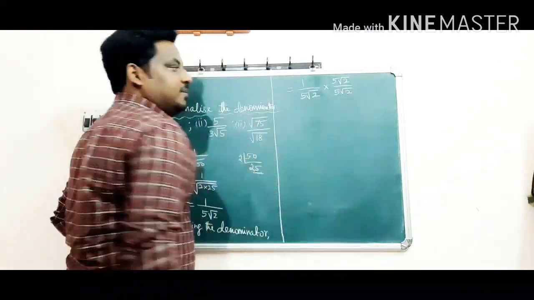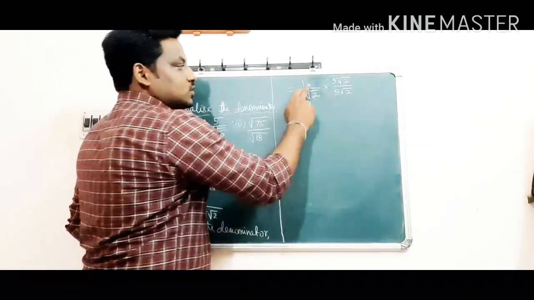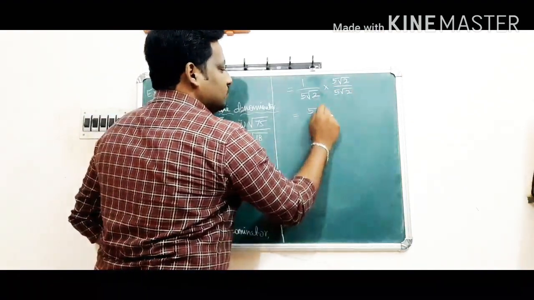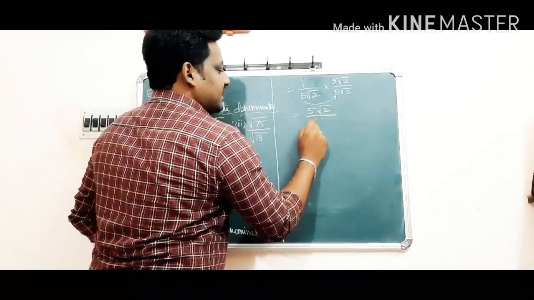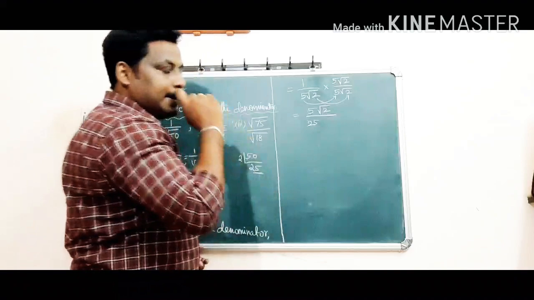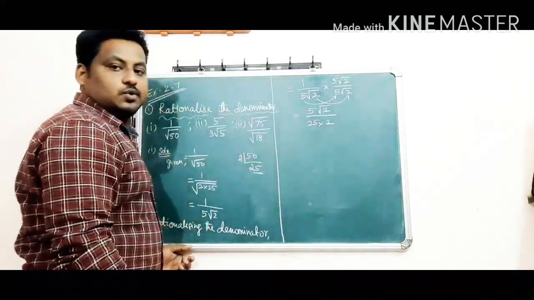Both numerator and denominator should be multiplied with 5 root 2 divided by 5 root 2. So 1 into 5 root 2 is equal to 5 root 2. Here 5 into 5 is 25. Root 2 into root 2 is 2.